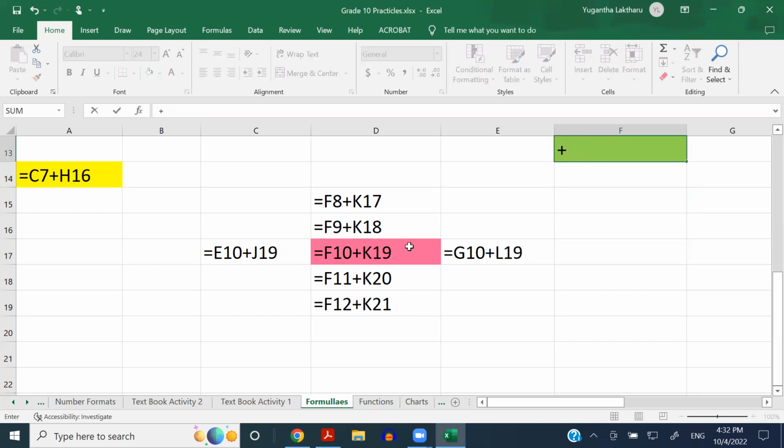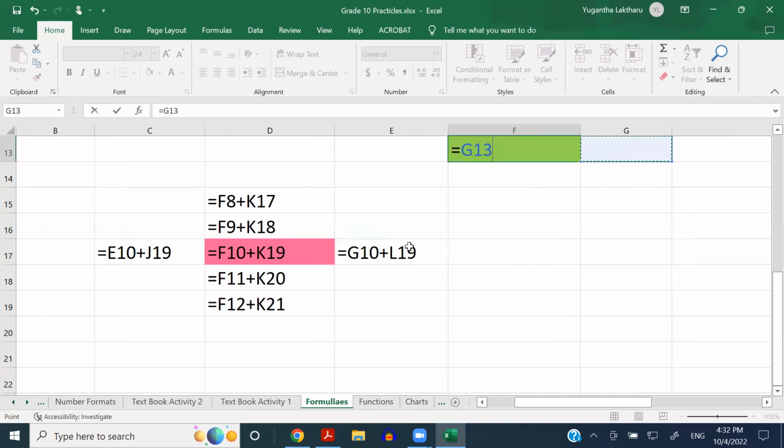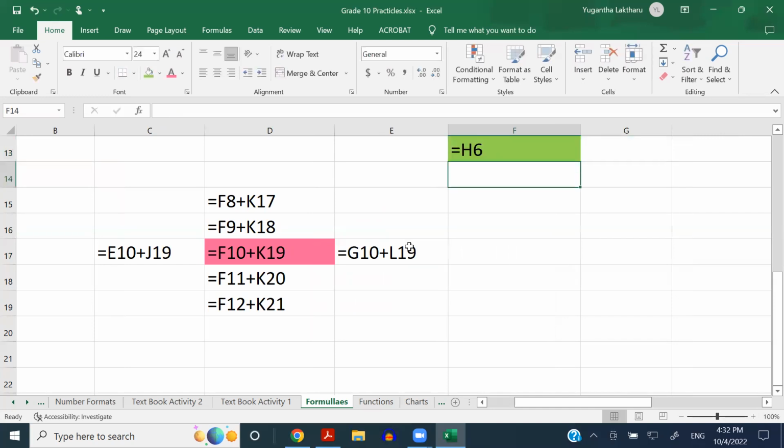Yes. So plus M15. Simple as that. I'm sorry, 15, not 16, 15.